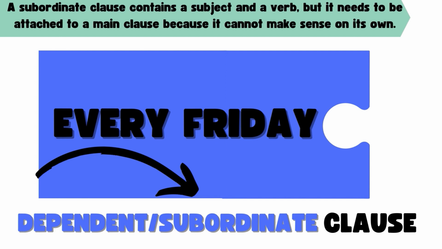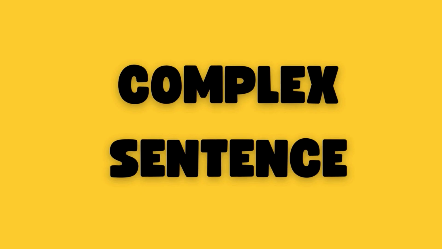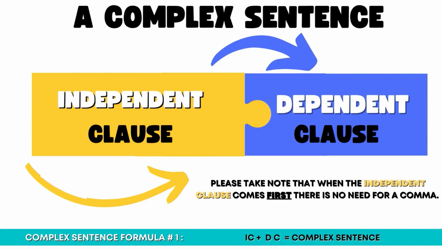For example, if I said to you, every Friday, you would say, every Friday what? So we know that this needs a main sentence to go along with it. We need to add it to an independent sentence. So let's learn how to build complex sentences, shall we?